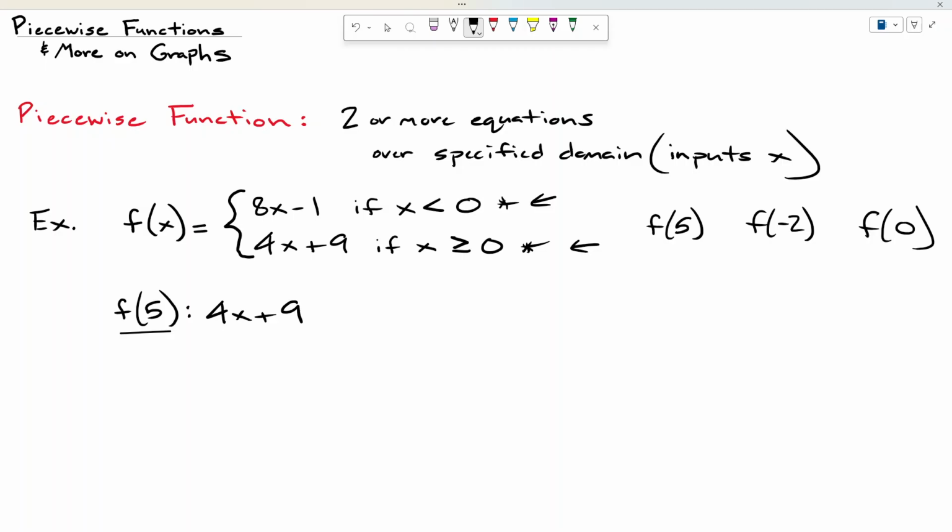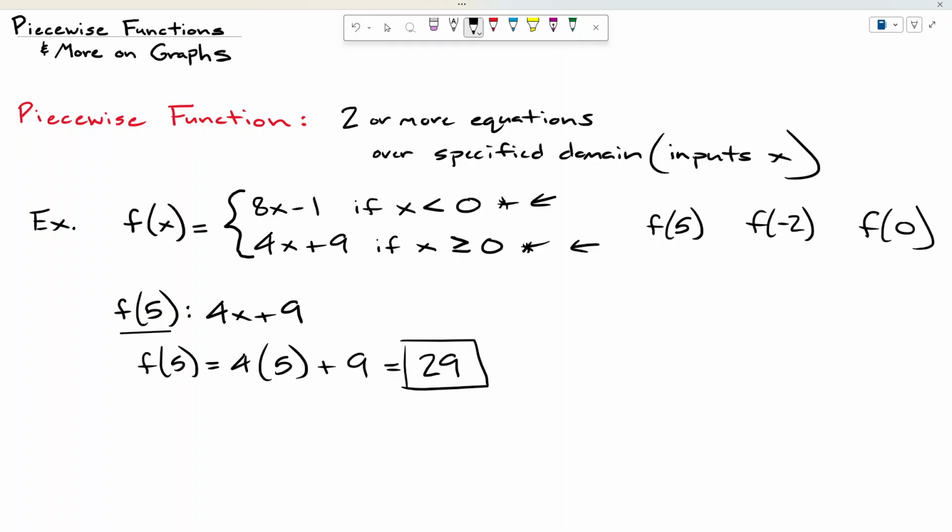Now we know which one we're using, so we can do like we've been doing before. We can replace the x with 5. So f of 5 equals 4 times 5 plus 9. So we have 20 plus 9 equals 29. So f of 5 is equal to 29.